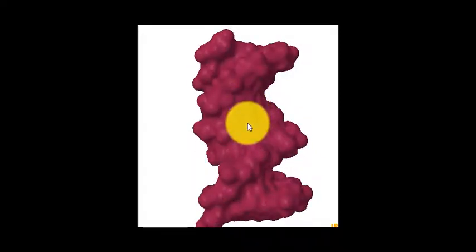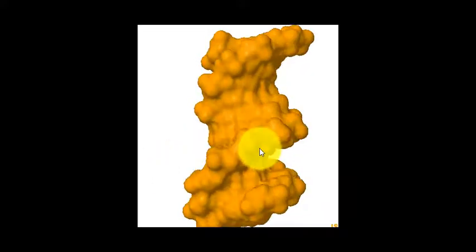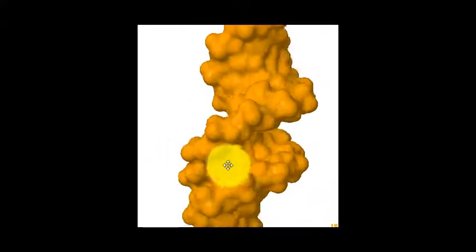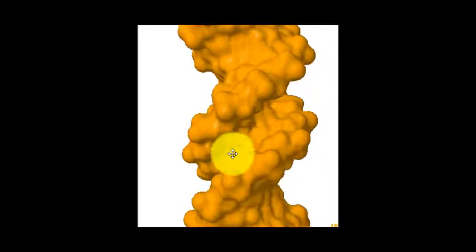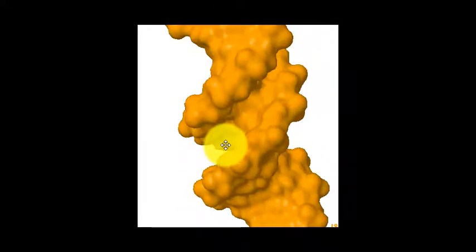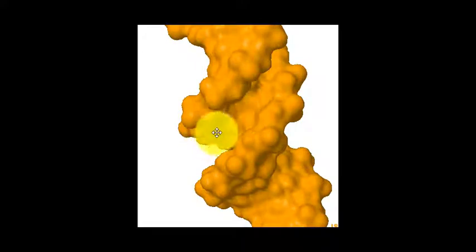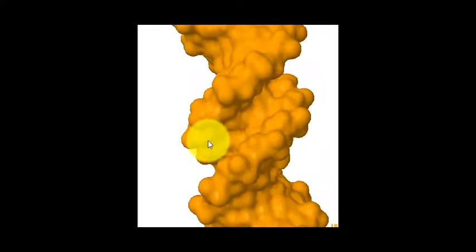Now let's talk about the minor groove. The minor groove is this groove. When you rotate this helix, you will see a protein can slide along this minor groove if any protein binds there. Generally proteins bind on the major groove.